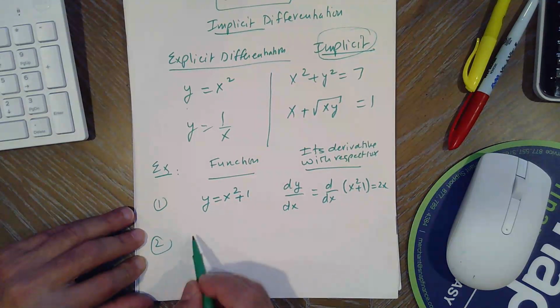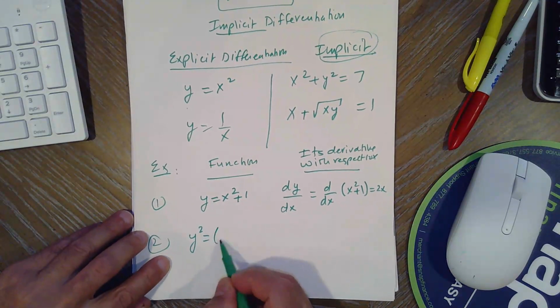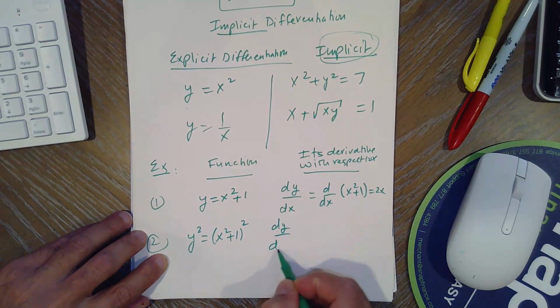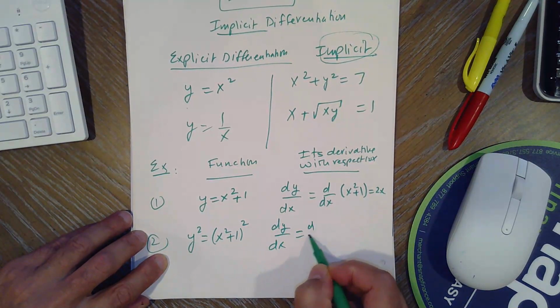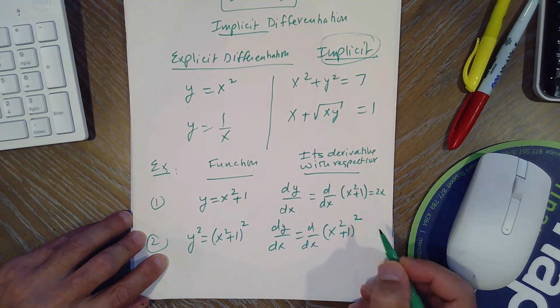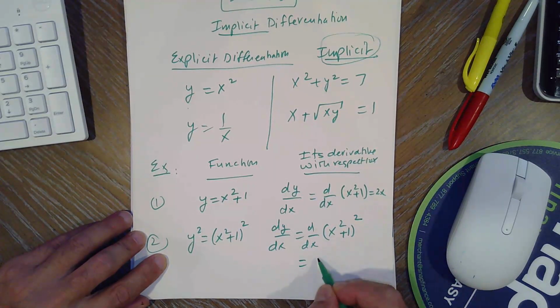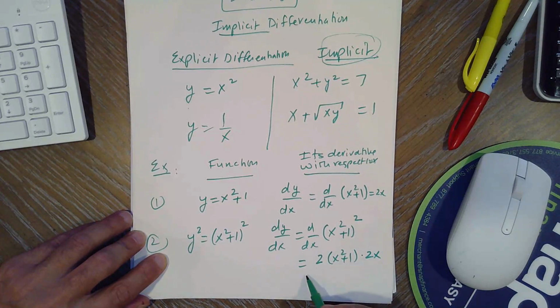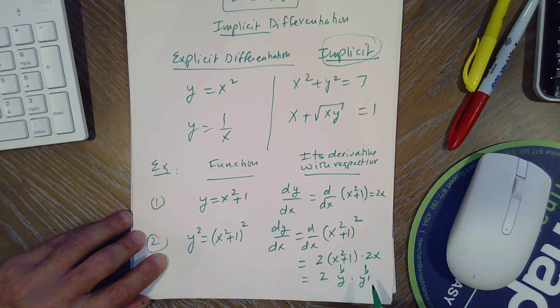Now if I want to square that, so y squared is x squared plus 1 squared, so dy by dx is going to be the derivative of x squared plus 1 squared, which according to chain rule is 2 times x squared plus 1 to the first power times the derivative of x squared plus 1, which is 2x.